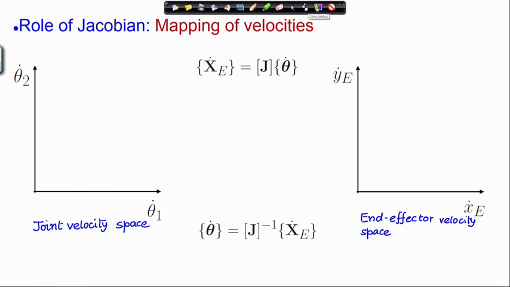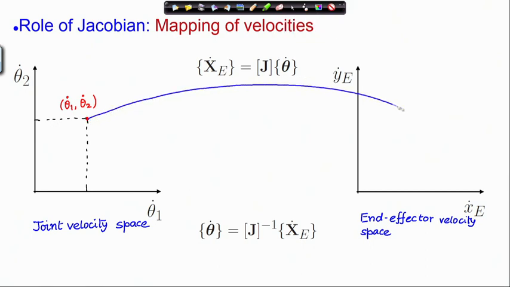So, given a point corresponding to theta 1 dot, theta 2 dot, so given a point in the joint velocity space, we have this mapping which we call the forward velocity relation.